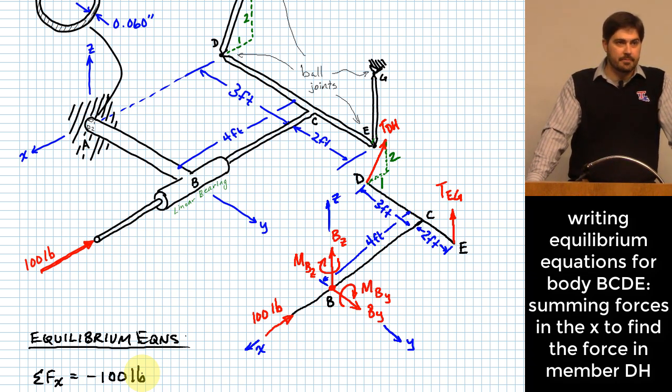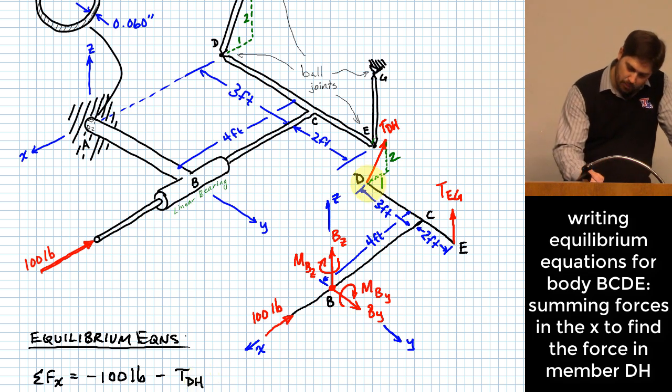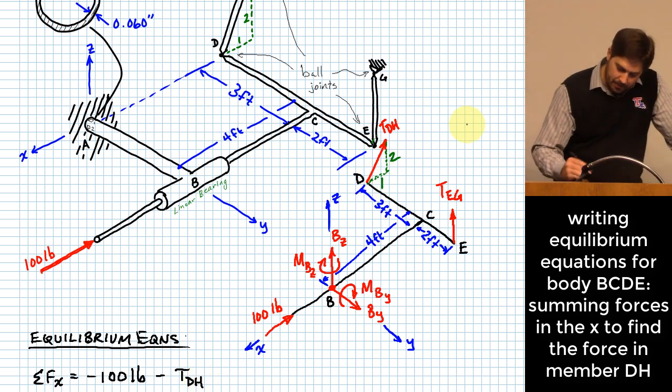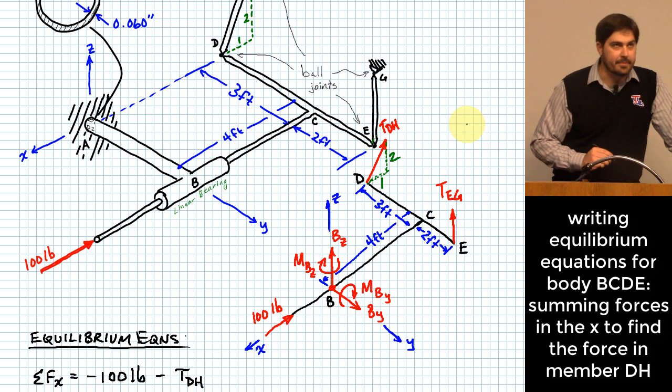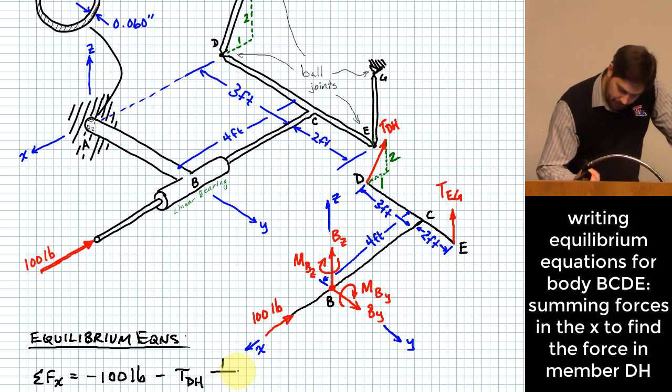Only one component of TDH points in the x direction. So I need to do something to pick off just the x component. And so when I do that, I say minus TDH, because it's pointing in that negative direction. But instead of taking all of it, I multiplied it by what? Okay, 1 over the square root of 1 squared plus 2 squared.